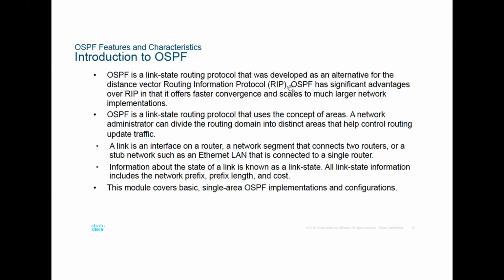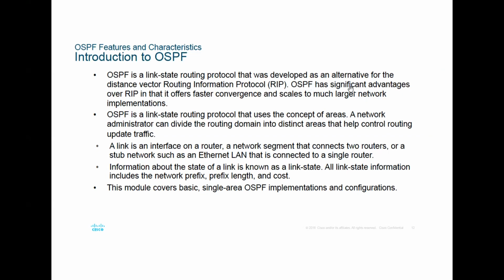Cisco devices used to operate using RIP. OSPF has significant advantages over RIP in that it offers faster convergence and scales to much larger network implementations. So from RIP, they go to OSPF.